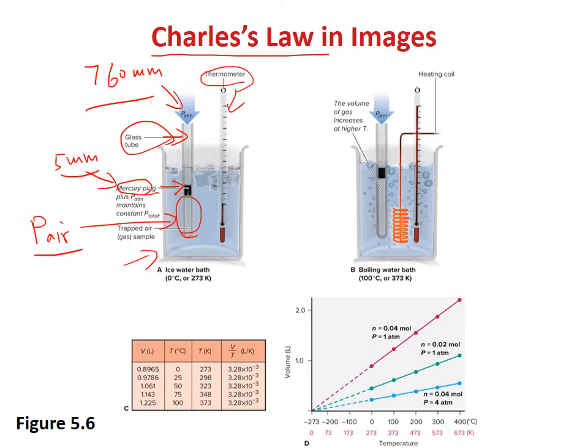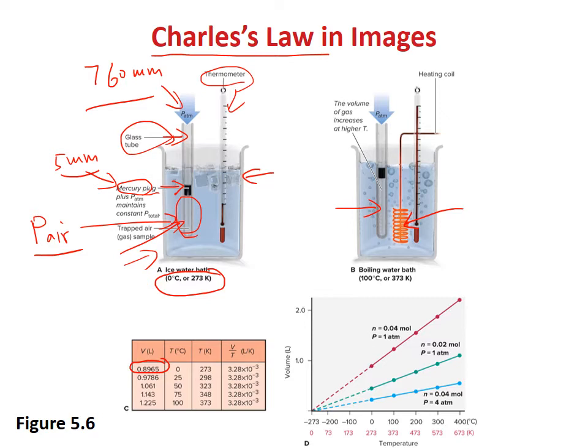Initially, some ice is added, so the temperature is maintained at 0 Celsius or 273 Kelvin. And the volume of this air is measured to be 0.8965 liter. Now, a heater is added to heat the temperature, and the volume of the air starts to expand.